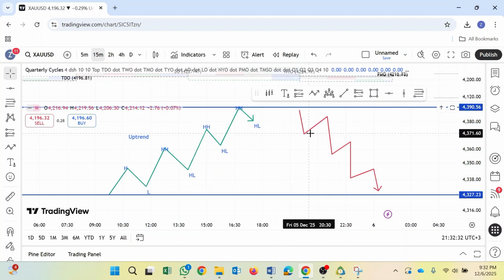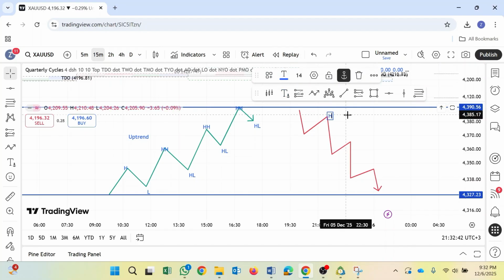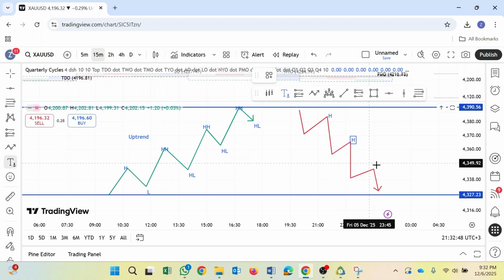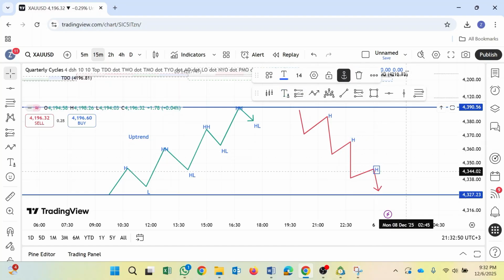Good. Now let's label this. We can simply say that this is a high. Let's just label them a high, and we have another high here, another high here of my chart. Now, the bottom ones are the lows.